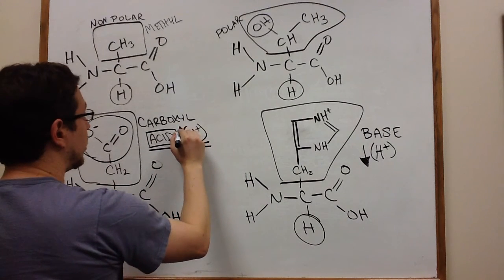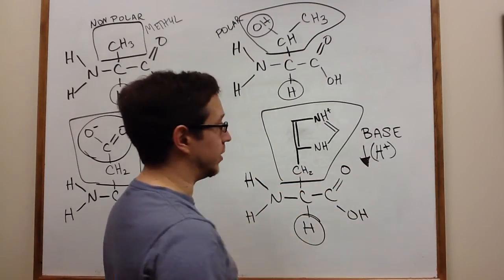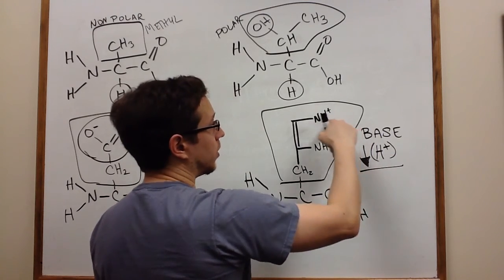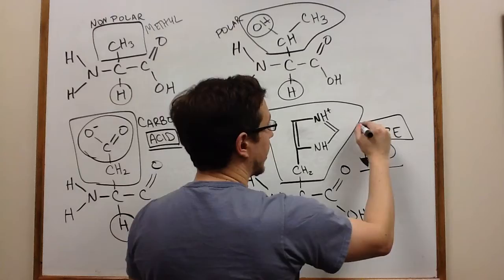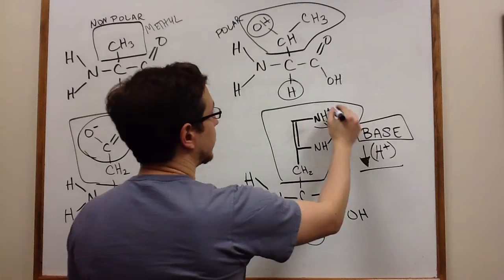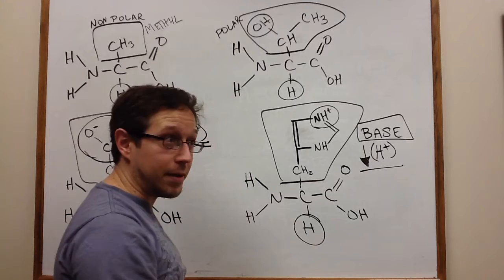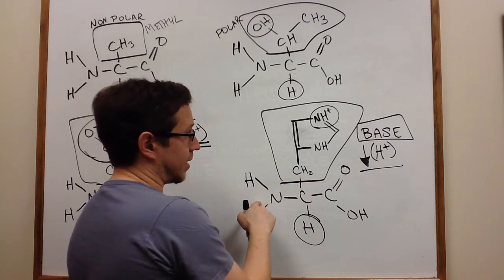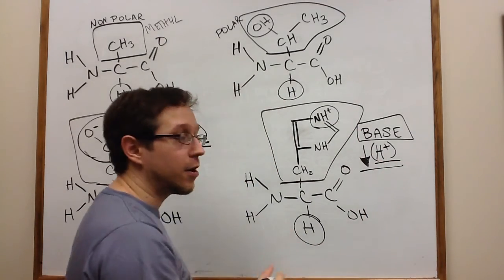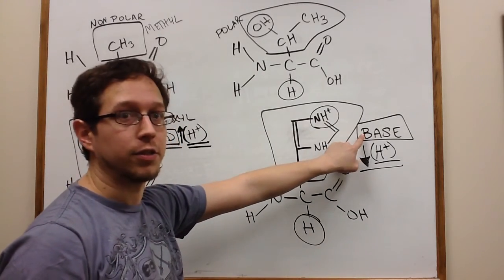So whereas here we increase the proton concentration with this carboxyl group, here we're decreasing it, and you'll recall from chapter 3 that anything that decreases the proton concentration is classified as a base. So the two reasons why we can classify this as a base: this is a derivative of the amino group, and anything that had an amino group was classified as an amine, but this group also has the tendency to act as a base. The way it does that is by accepting the protons, thereby decreasing proton concentration. And that is the definition of a base.